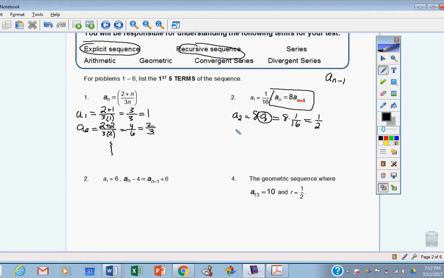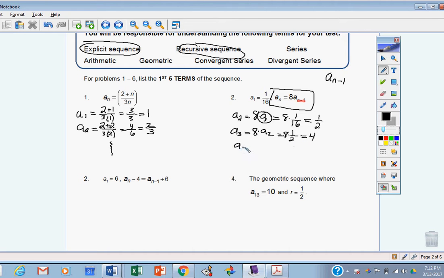So if we were to keep going here, the third term would be equal to 8 times a sub 2, because 3 minus 1 is 2. Well, that's really 8 times 1/2, because that's what I have from the second term. So that becomes a 4.